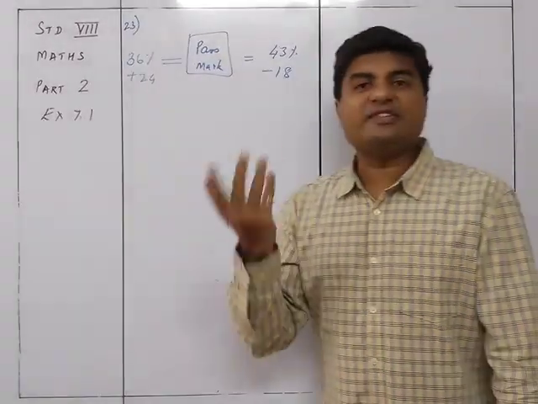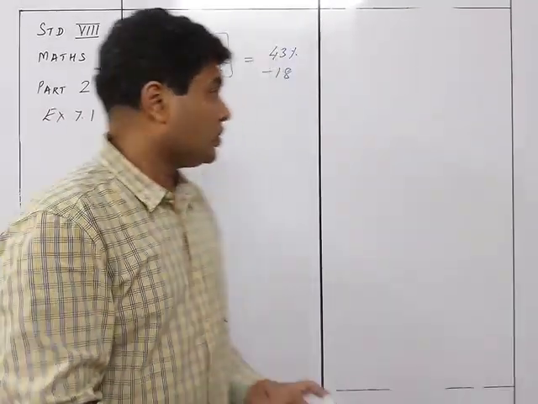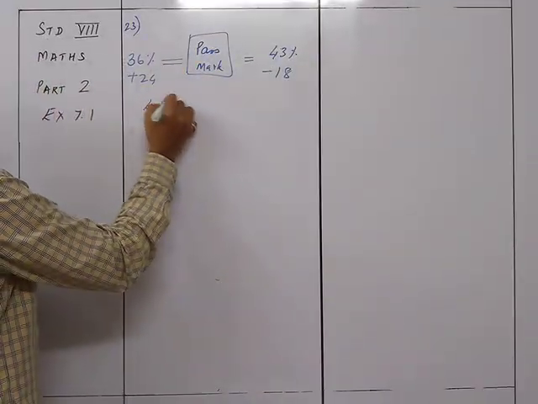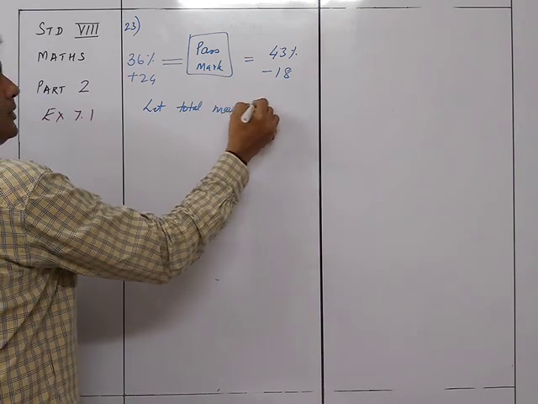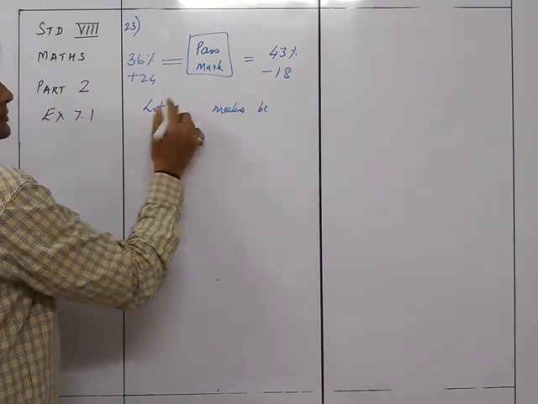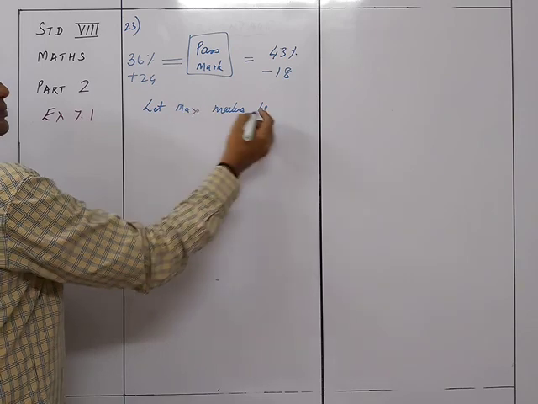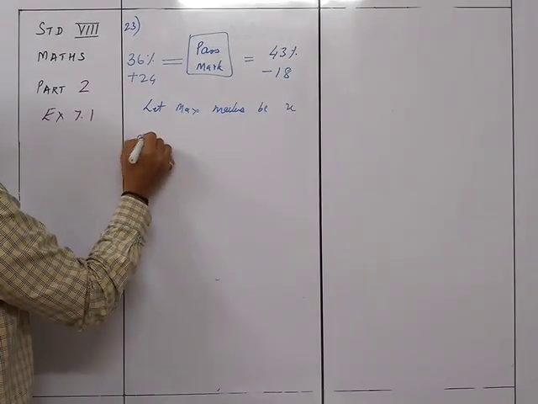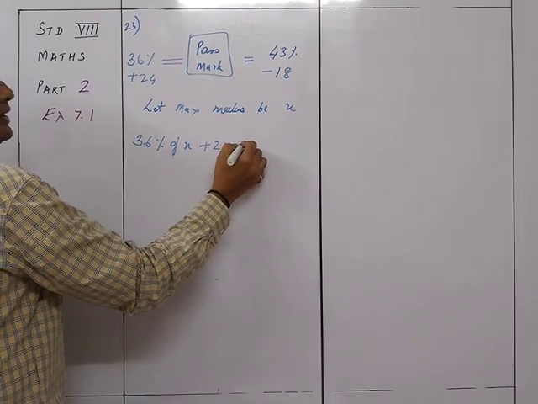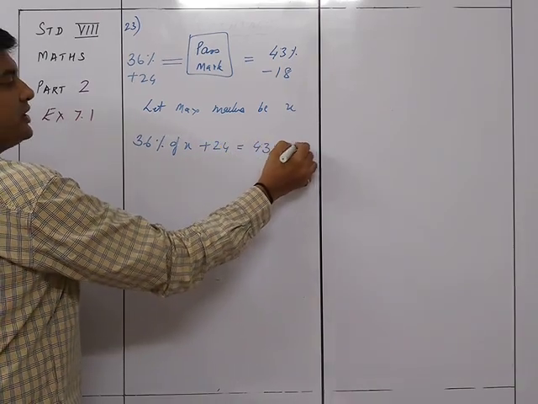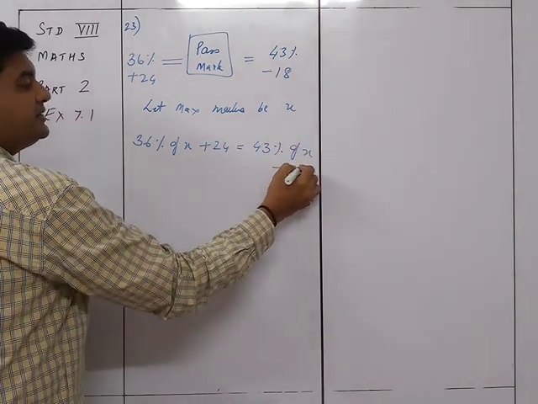And the percentage is of the same value, that is the total marks. So let the total marks, or that is the maximum marks, be x. Therefore 36% of x plus 24 is equal to 43% of x minus 18.